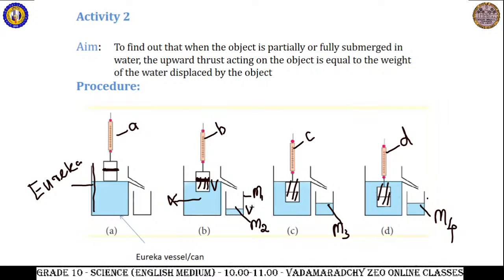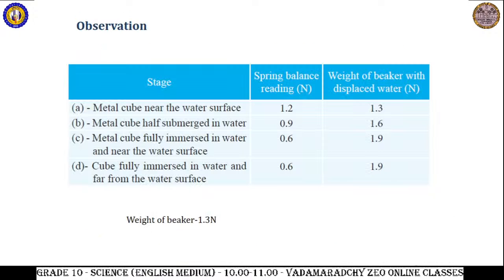So when we insert any object, that volume of water has to be displaced. That's the second instance. Then the third instance: we immerse this metal cube fully, as in diagram C, and get the reading.